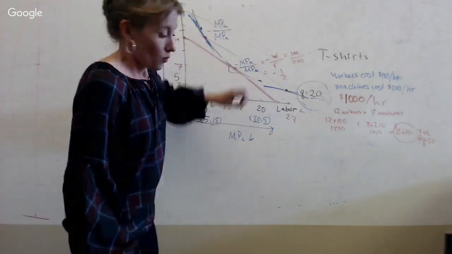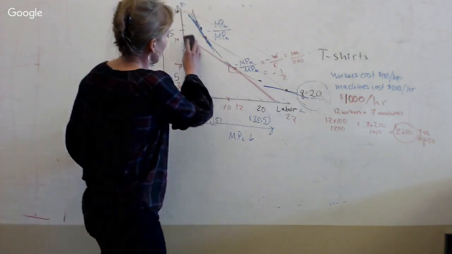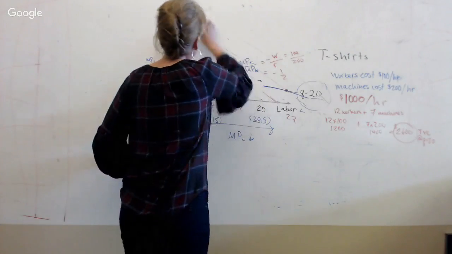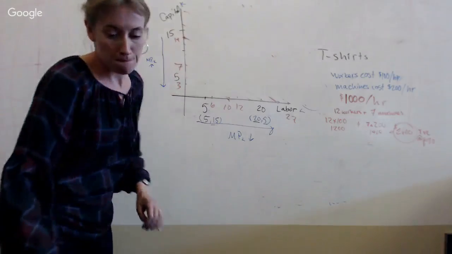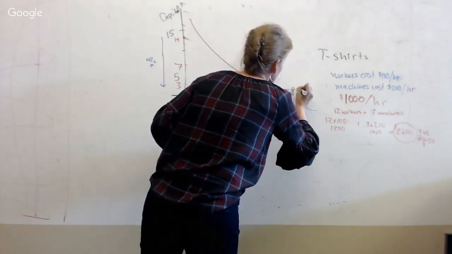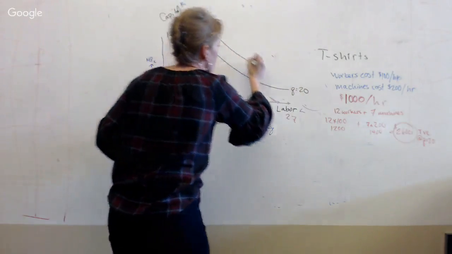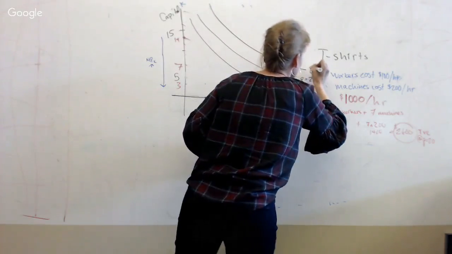Now, if our firm chose instead, let's clean up the mess. We've got Q equals 20. Let's say Q equals 24, 28.